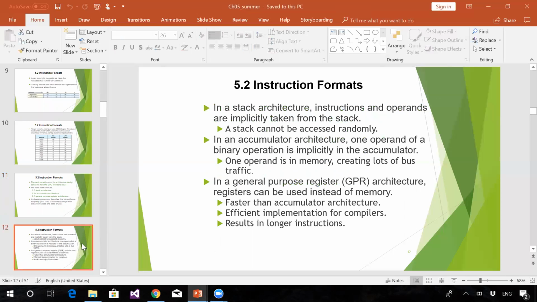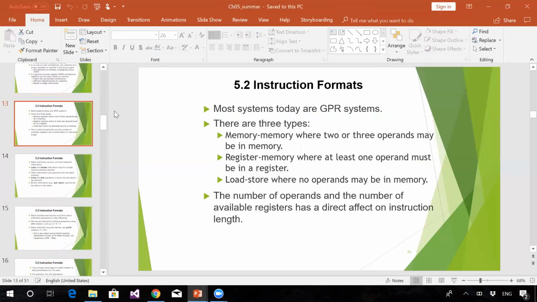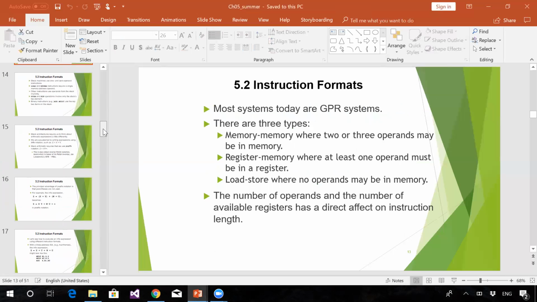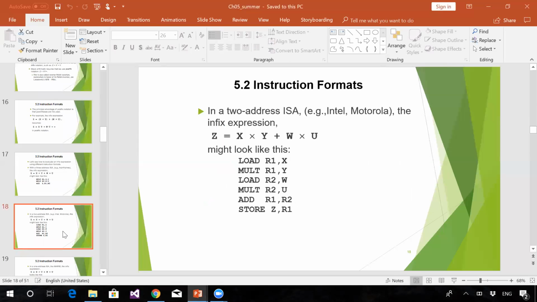I think it's better to see the examples. Okay, so there are a lot of descriptions here, but let's see the examples.